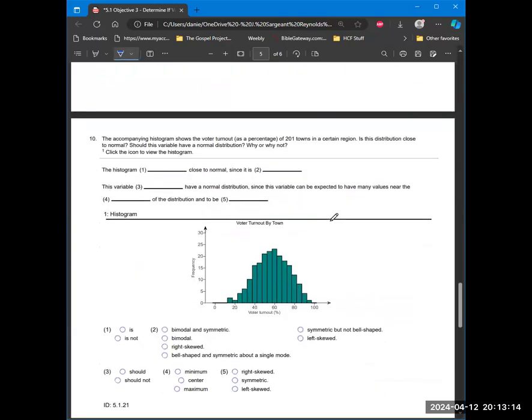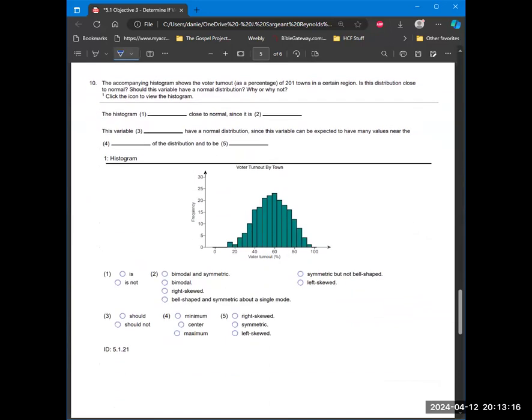And let's look here now at number 10. The accompanying histogram shows the voter turnout as a percentage of 201 towns in a certain region. Is the distribution close to normal? And should this variable have a normal distribution? Why or why not? Just looking at it, it looks symmetric and bell-shaped. It looks like the mean, median, and mode are all the same.